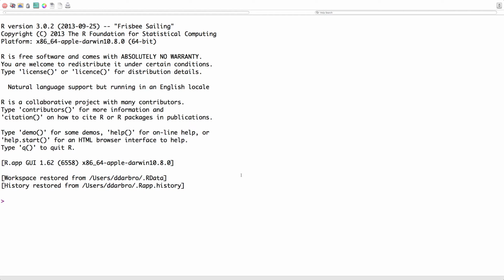One feature of R is if I want to communicate to you but not do a command, I can start things with a hashtag. That's kind of a Twitterism, I guess. And I can write whatever I want here, and it doesn't see this as an R command.